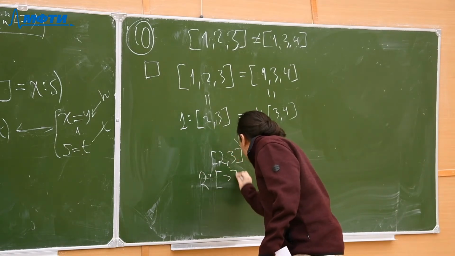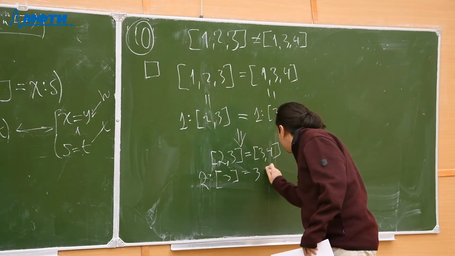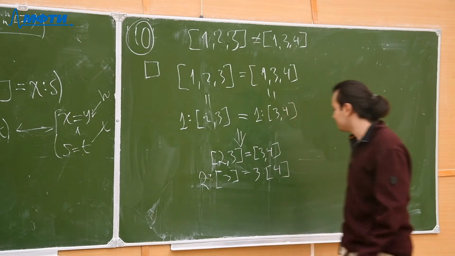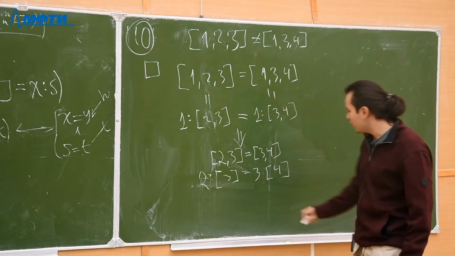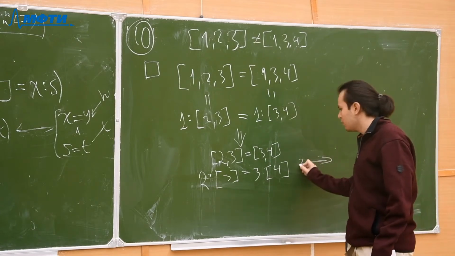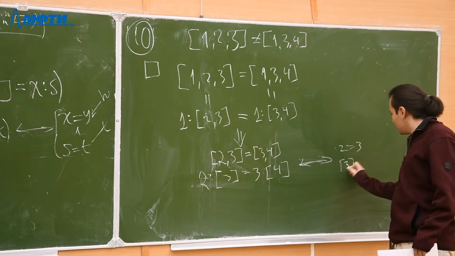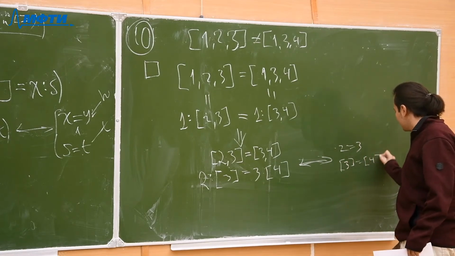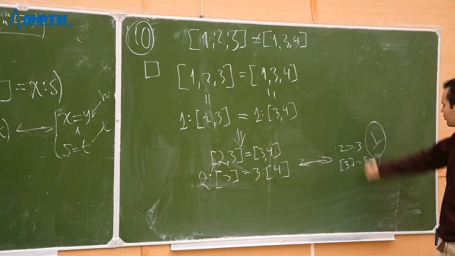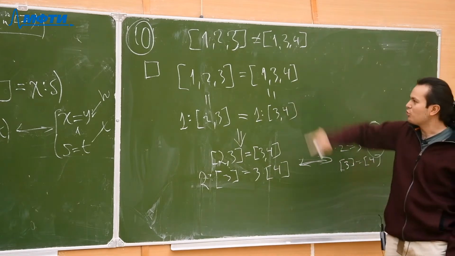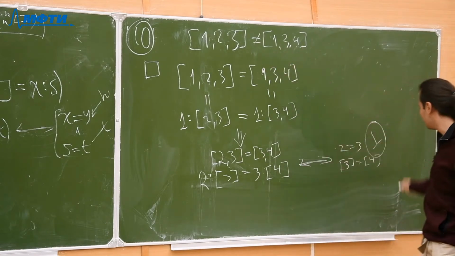So 3 equal 3, 4. And so this is equal if and only if 2 equal 3 and 3 is equal 4. But 2 is not equal 3, right? So we have a contradiction. Then this is not true. Then the original is true, okay? And it's a proof, right?